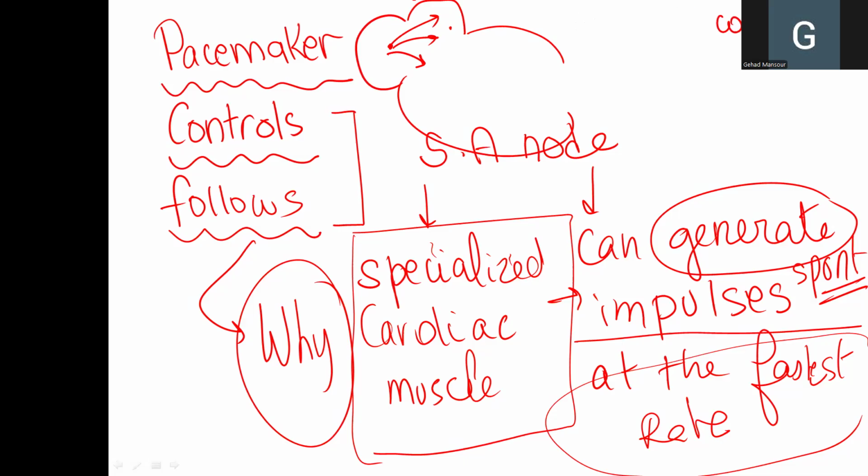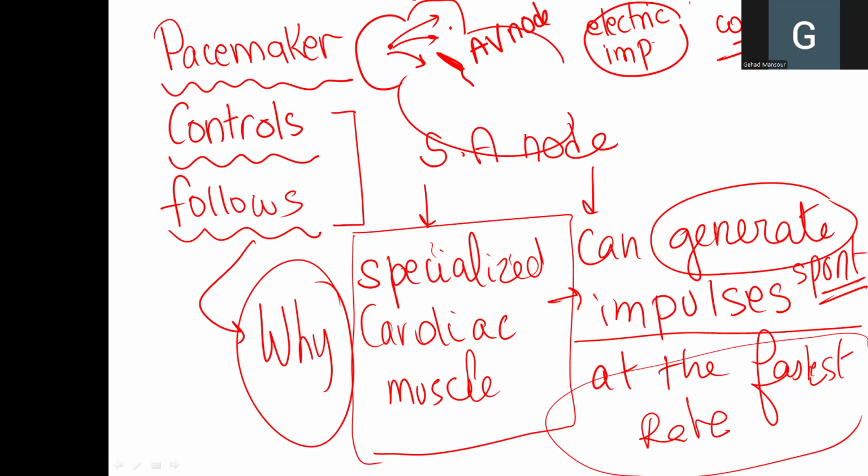In order for the muscles of the atria to contract, they should first receive an electric impulse. And then the electric impulses are transferred with delay via the atrioventricular node to the two atria at the same time. And then to the two ventricles, at the same time. And when they receive their electric impulses, they contract.